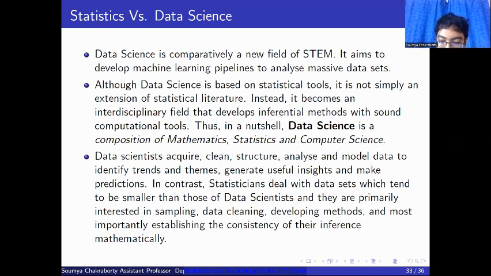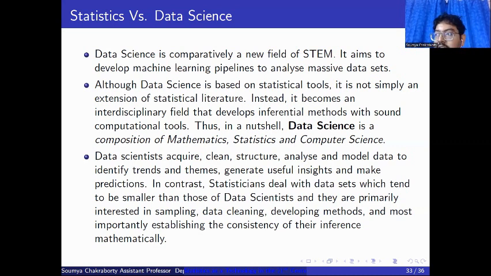But in contrast, statisticians deal with data sets which tend to be smaller than those of data scientists, and they are primarily interested in sampling, data cleaning, developing methods, and most importantly, they want to theoretically guarantee the suitability or the reliability of their estimation procedure or inference, in general by means of mathematics.